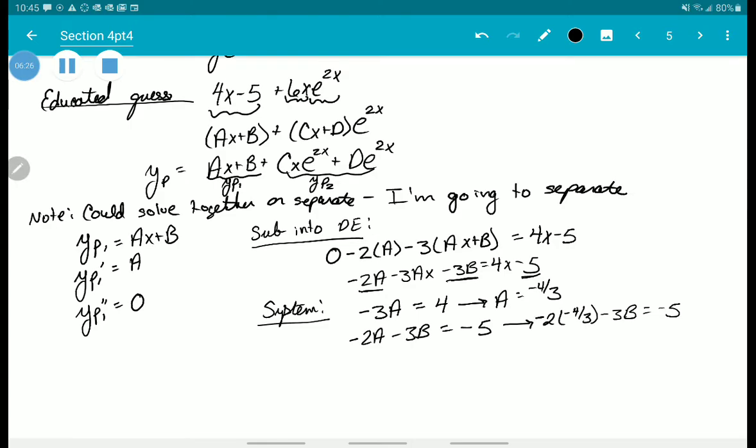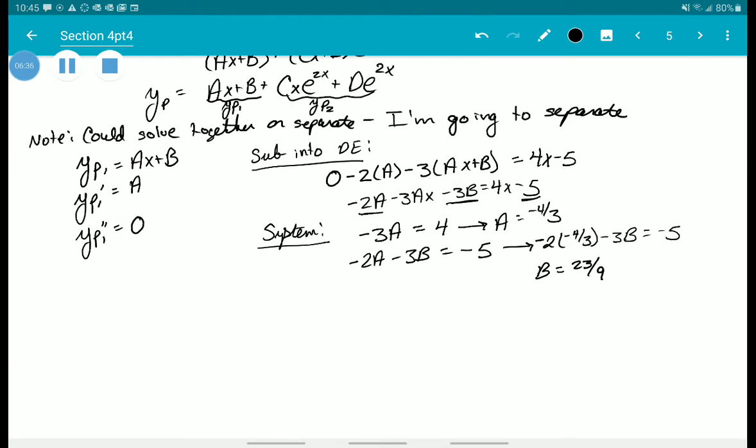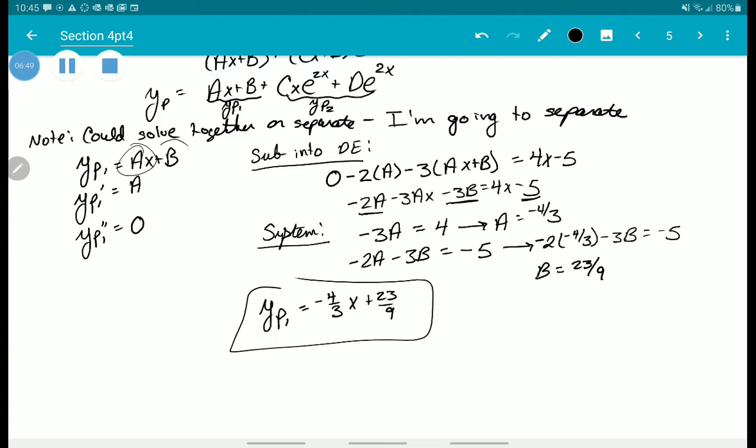When I solved this, I ended up with b as 23/9. So then our particular solution, yp1, is equal to negative 4/3 x plus 23/9. Those numbers go in for those two coefficients.